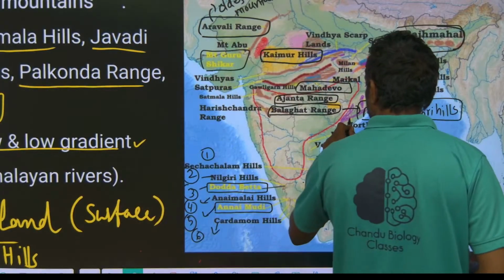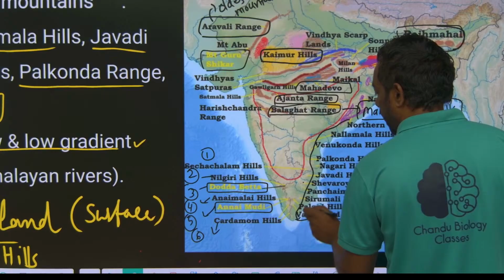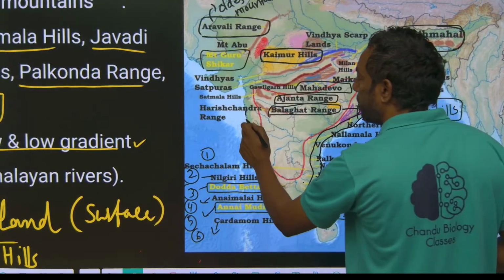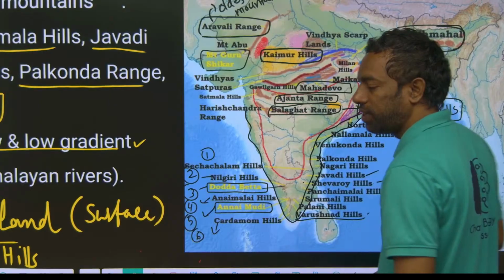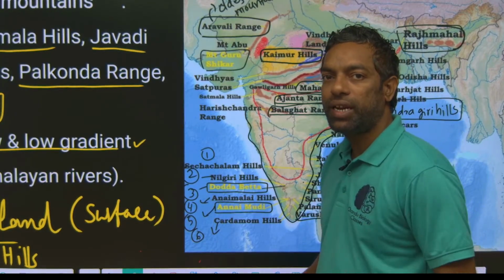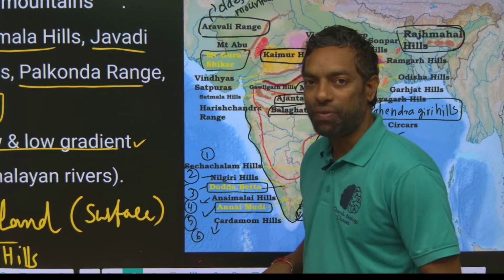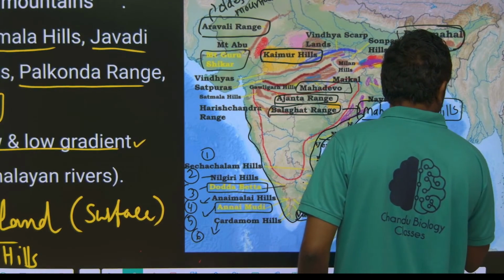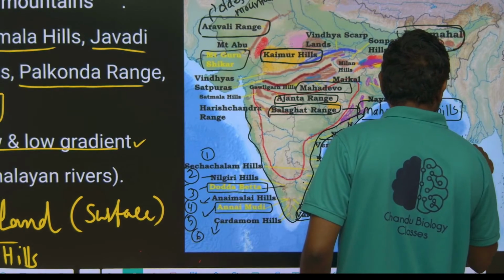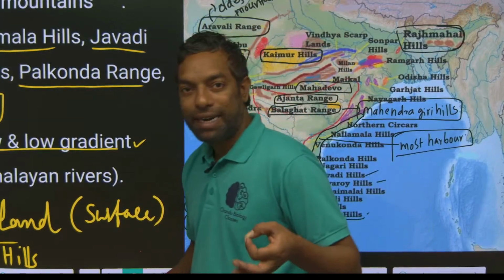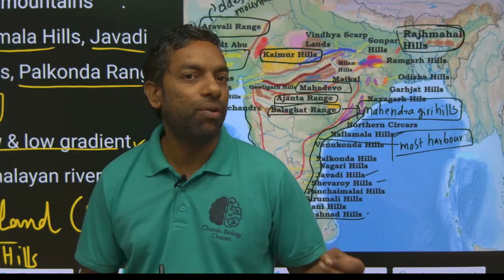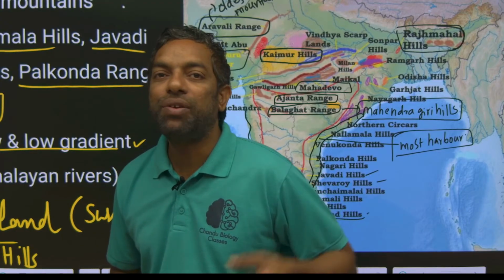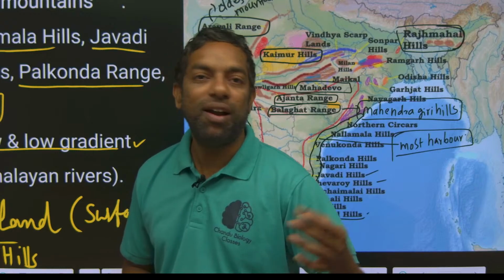The eastern coastal area has a very broad relief, and the western coast is a very narrow stretch, guys. That is why the east has most of the harbor areas. Sea trading takes place on the eastern side, not the western side. The Western coast is a very narrow stretch and the Eastern coast is very broad.